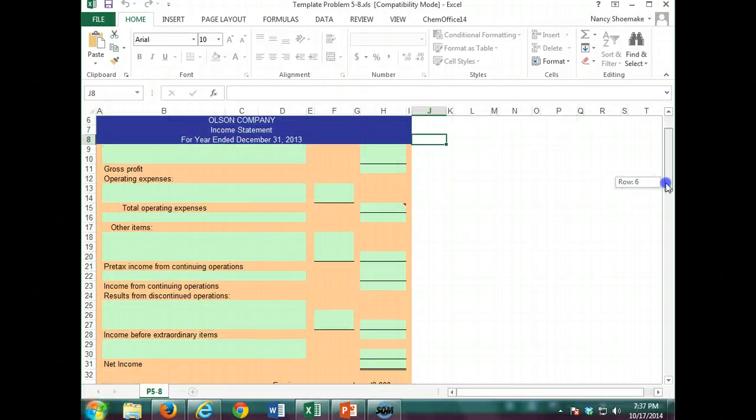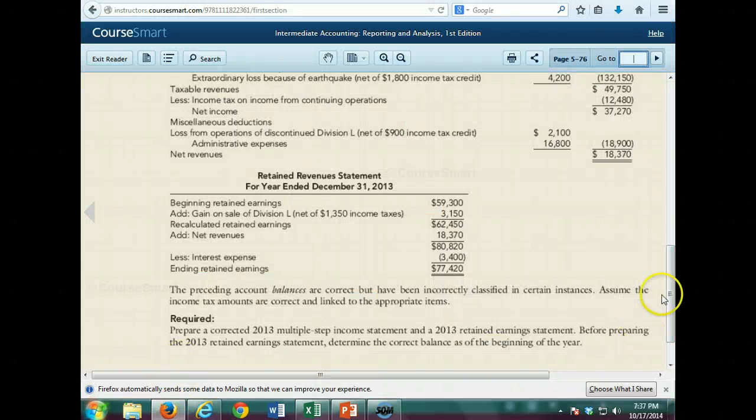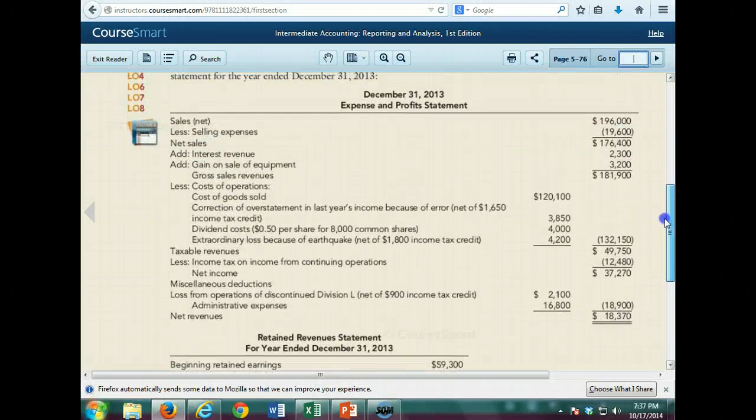So the first thing we need to do is determine the sales net of $196,000. That's right. Now, you saw when we went through the PowerPoint, they had gross sales, and then they had minus sales returns and minus discounts.